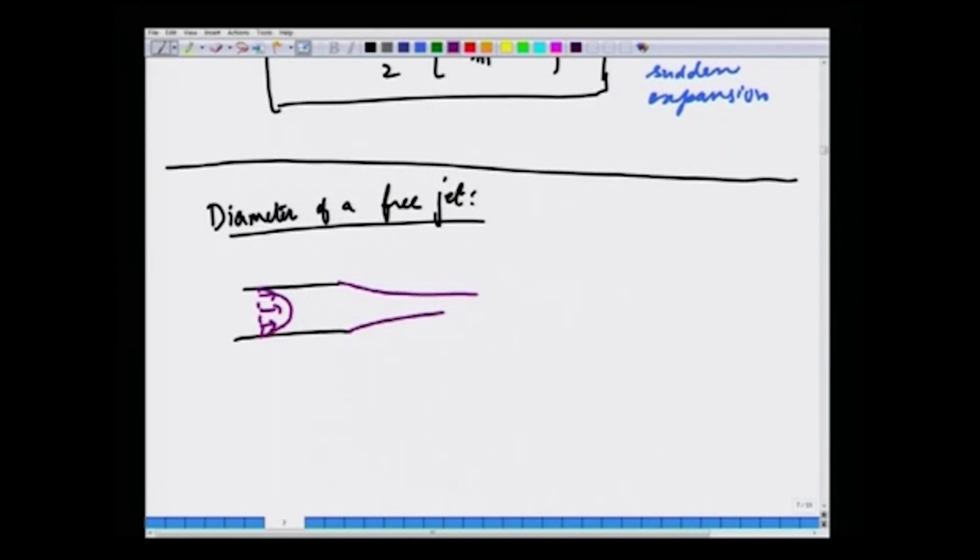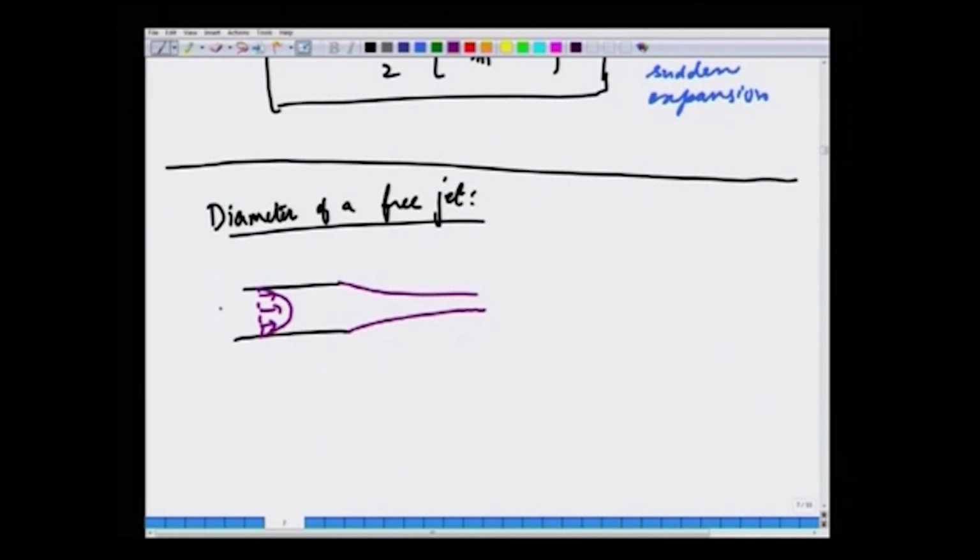Okay. Now, the moment it exits, it goes into the atmosphere and there are no shear stresses exerted by the surrounding atmosphere on the fluid, because the atmosphere is static and it is just air. So, the shear stress exerted by the atmosphere on the fluid is negligible compared to the shear stress the fluid faces when it flows through a rigid tube with a rigid wall.